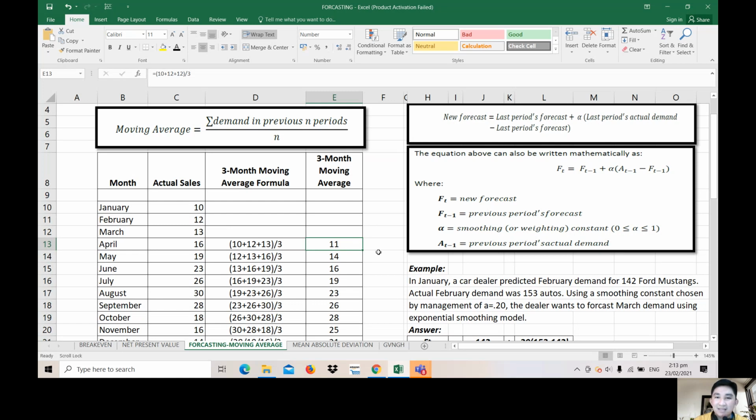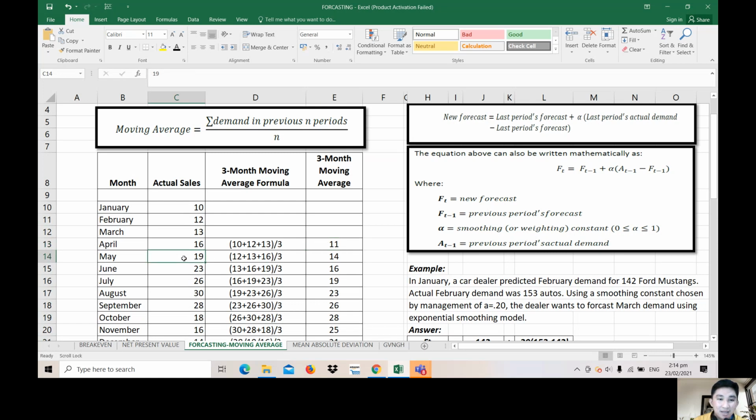This is just our basis based on the previous experiences of the past months, right? 10, 12, and 13. We just averaged this, so we arrived at 11. That will be our assumption until the end of December.